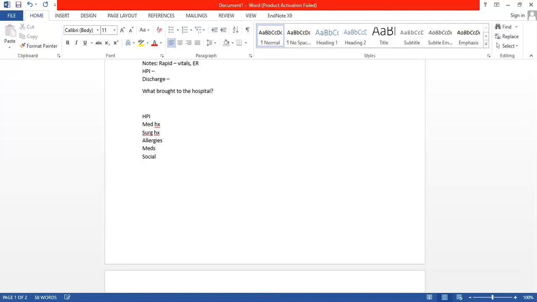In physical examination, doing a thorough physical examination is extremely important. If a patient comes in with a stroke and you don't do your whole neuro exam, that's really bad.